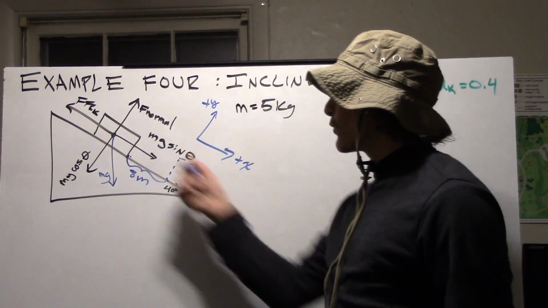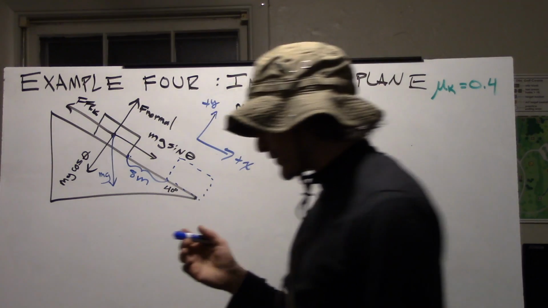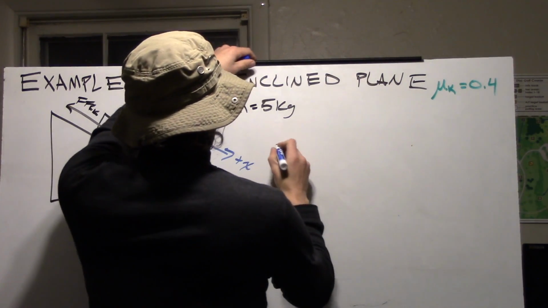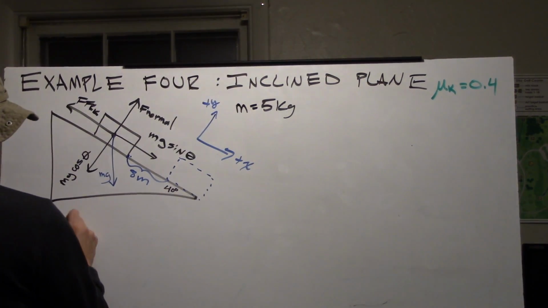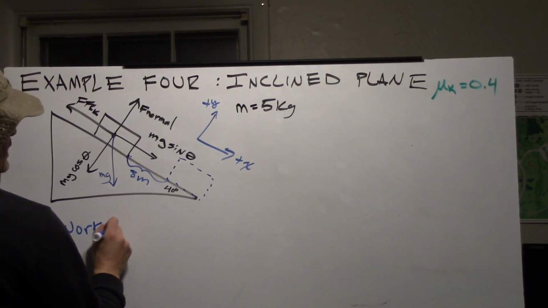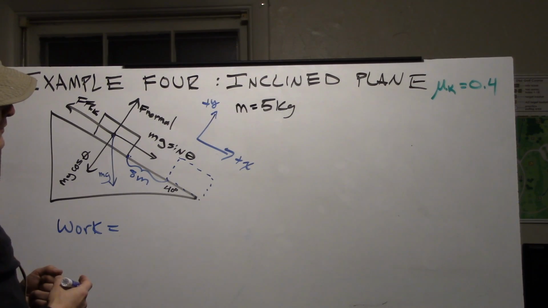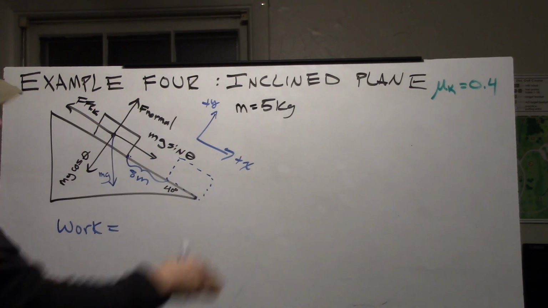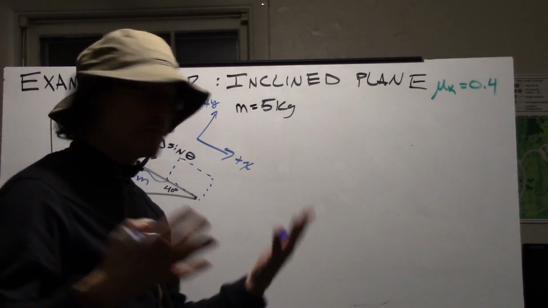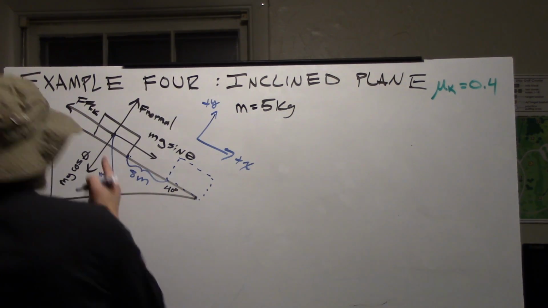The work is performed along the x-axis. So we'll just write that equation down. So we have work equals, in the positive direction, just mg sine of theta. That's the component of gravity that'll do positive work in the direction of displacement.